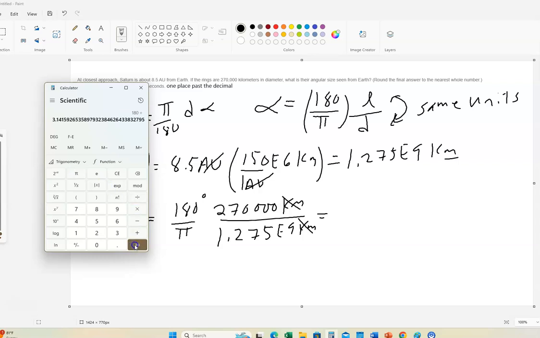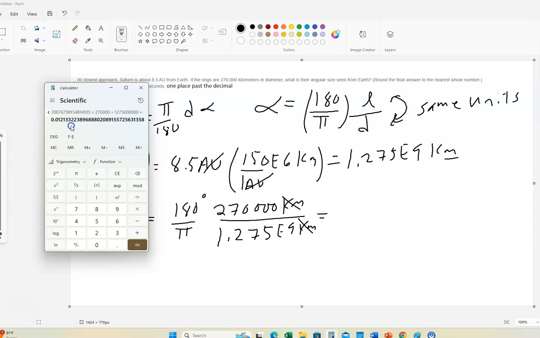With this calculator, you have to be very careful how you do it. Then I'm going to multiply by the numerator, so times 270,000, and then divide by what I just stored in my calculator.